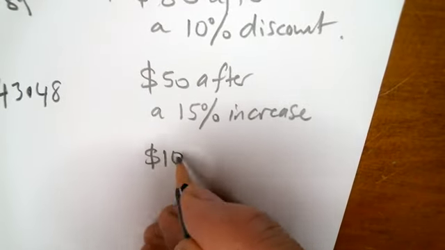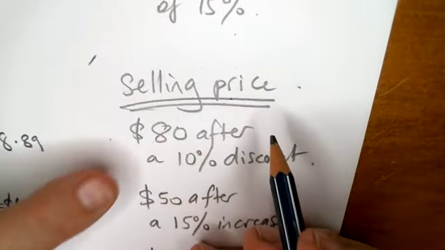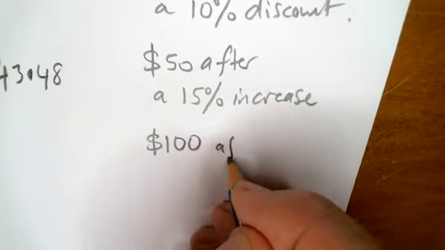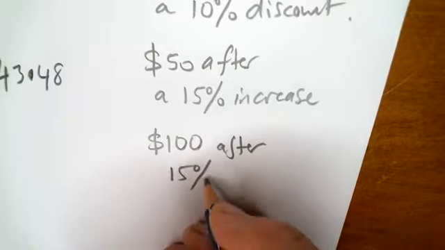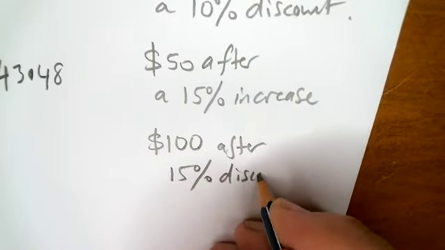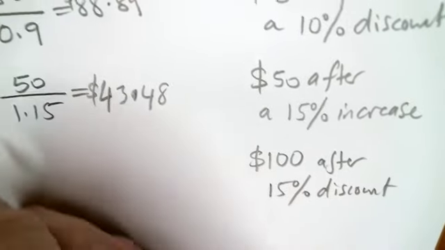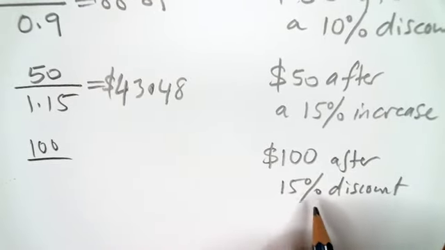Remember, this is always the selling price. The selling price is in fact $100, but that's $100 after, let's say, a 15% discount. In other words, it was more money. All we do is we take the 100 and we divide it by the 15% discount.